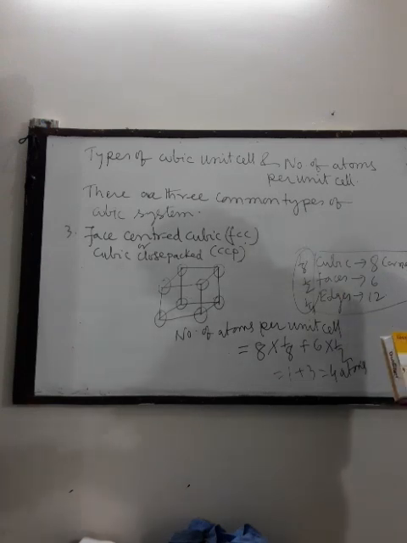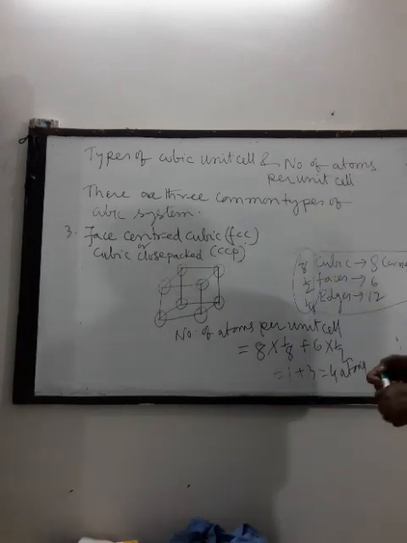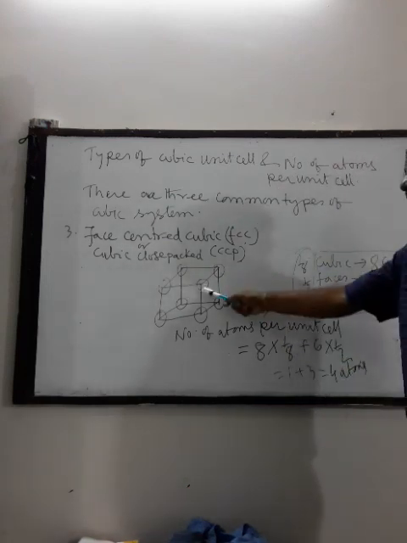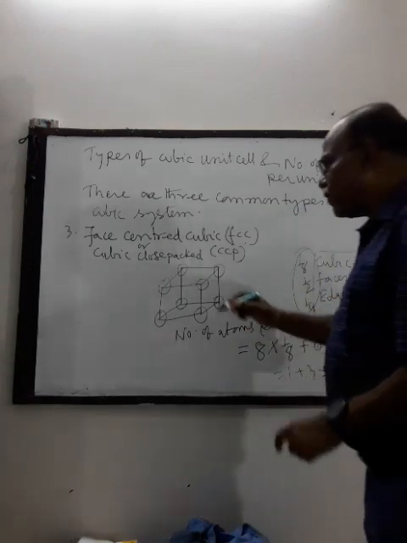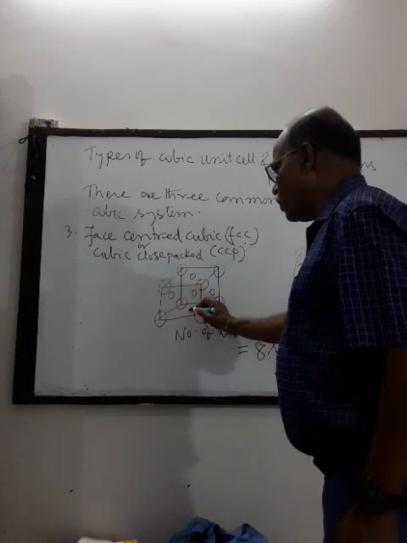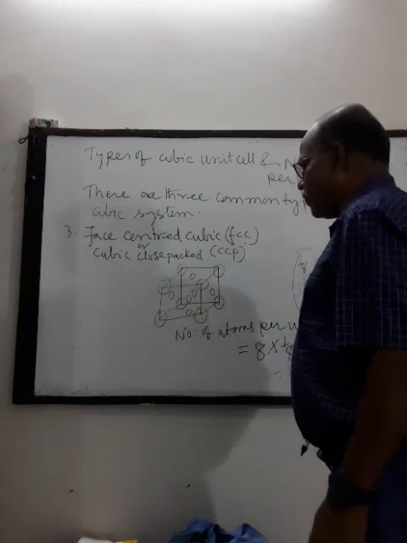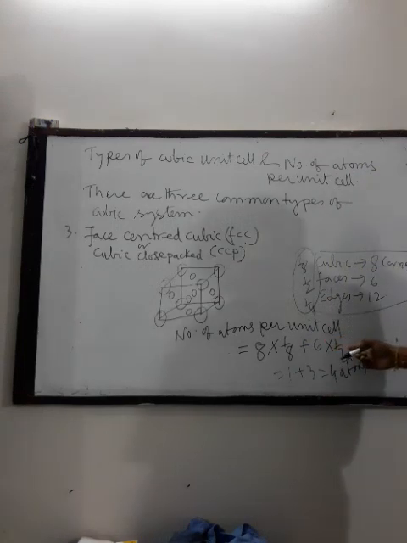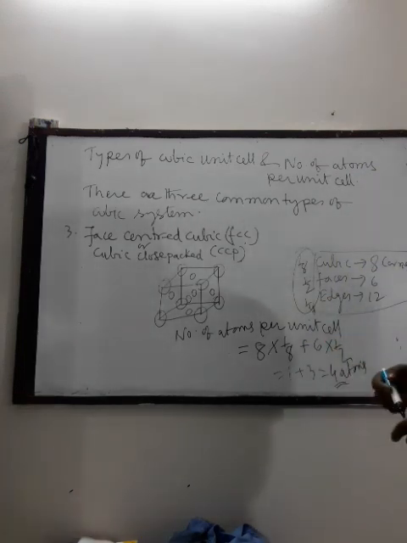So in case of face centered cubic, number of atoms per unit cell equals 8 into 1/8 for the 8 corners, and 6 faces containing 6 atoms, each face shared by 2 unit cells. So 6 into half. So number of atoms per unit cell is 4.